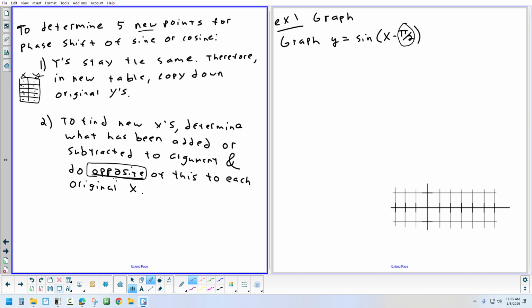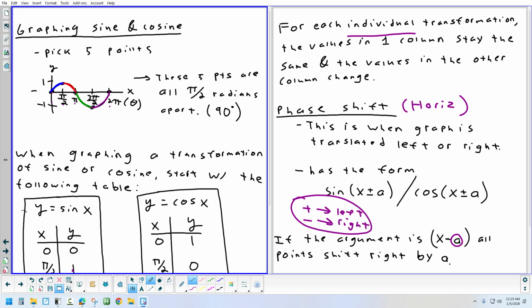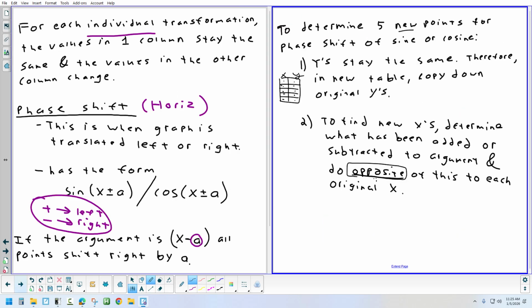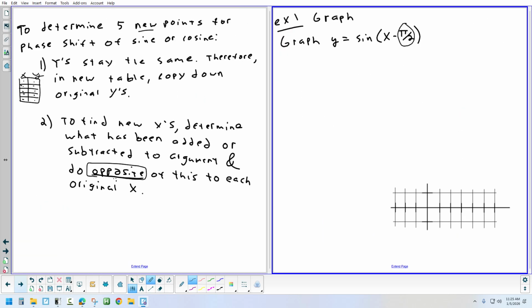So now let's try to graph example 1. First step, are we doing a sine or a cosine problem? Sine. So we have to make sure we start with the table for sine. I'm going to copy that so I don't have to keep going back to it.